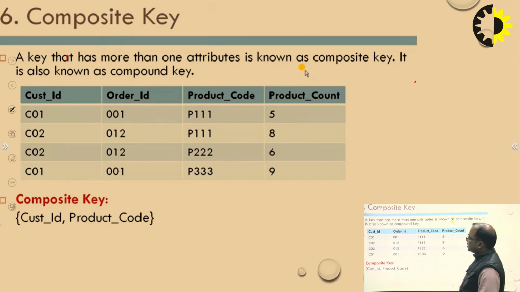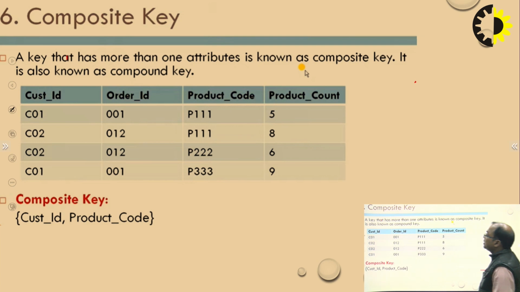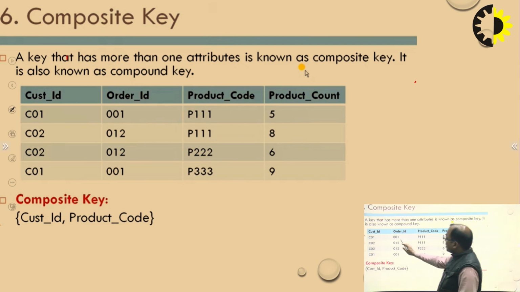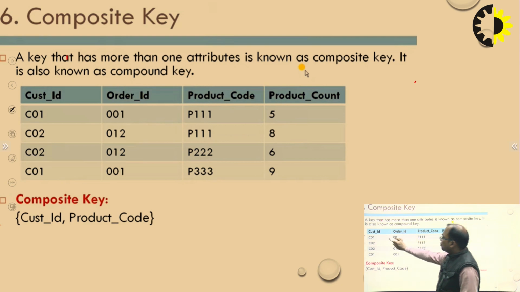So in this table, obviously customer ID might be a primary key as it is unique, but for the products of customers C01, C02, C02, C01, customer ID is not a primary key in this case. Why is it so?